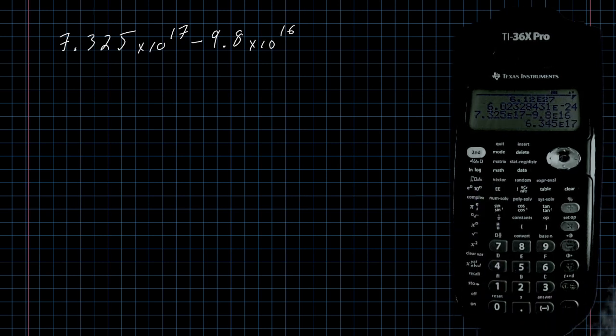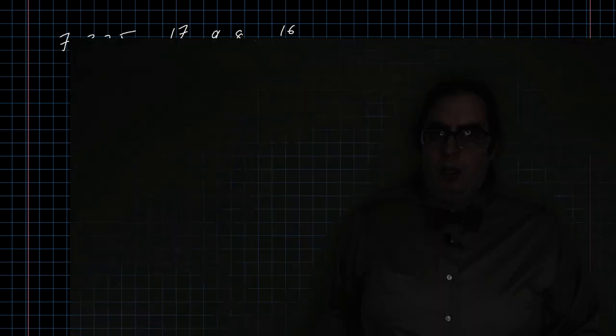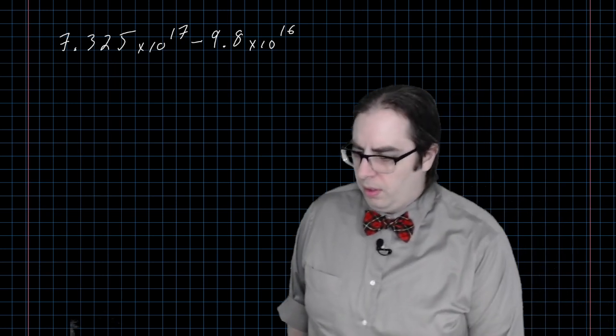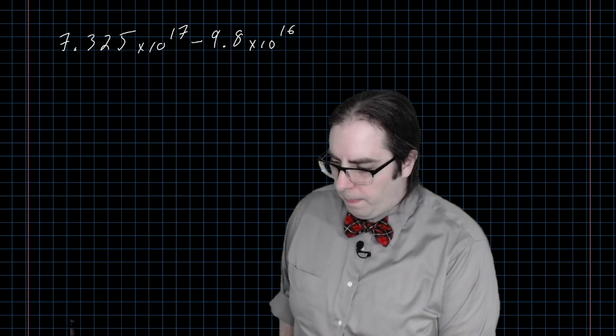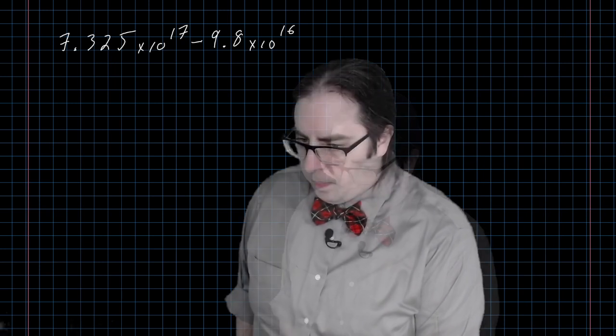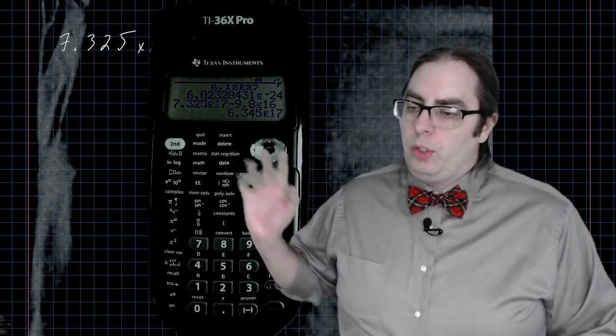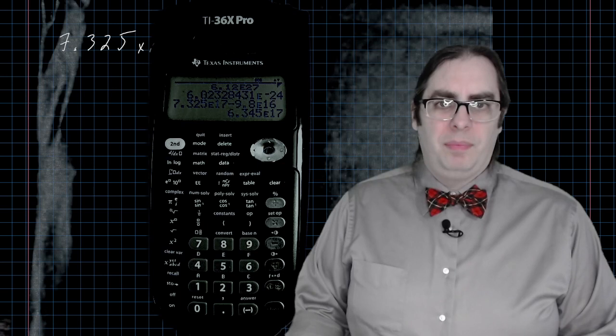And my calculator tells me that this is 6.345 times 10 to the 17. But where do I round that? There we go. Where do I round this value?